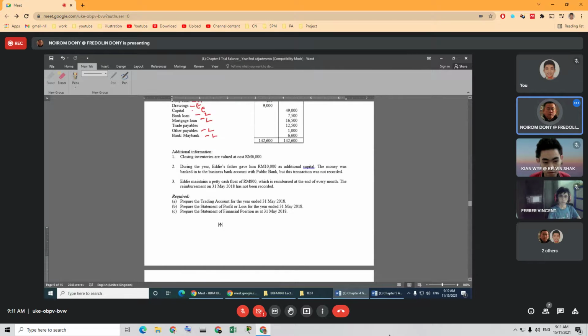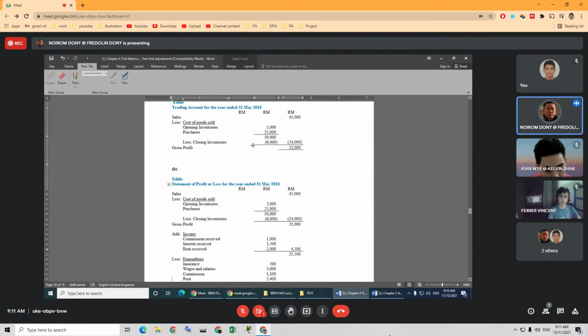So you have seen this one, we have covered it. Remember, this is only a recap. The trading account, if it's required by the question, only shows the gross profit. Remember, the trading account is part of the statement profit or loss, but you have to follow the requirement of the question.